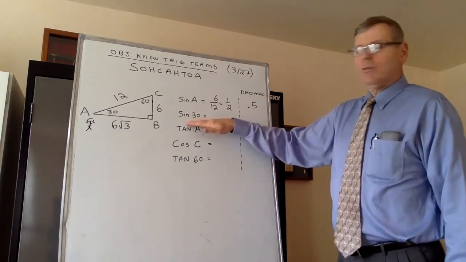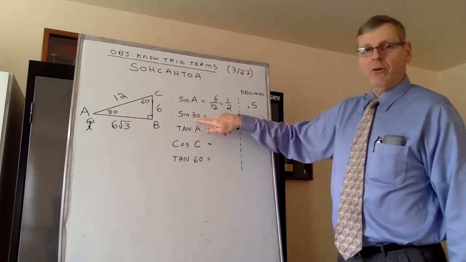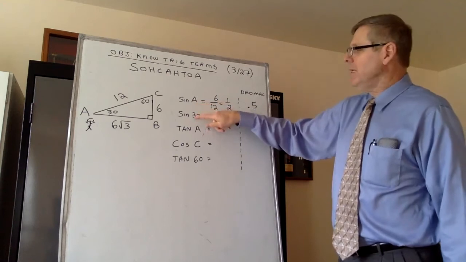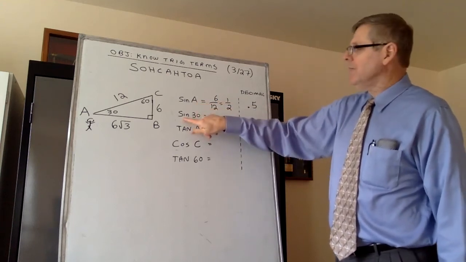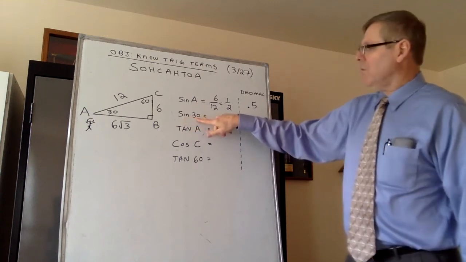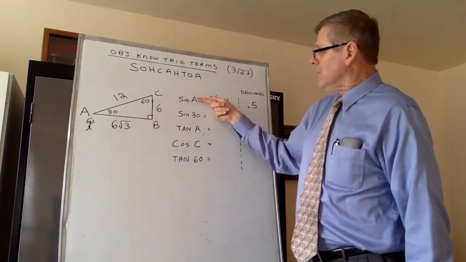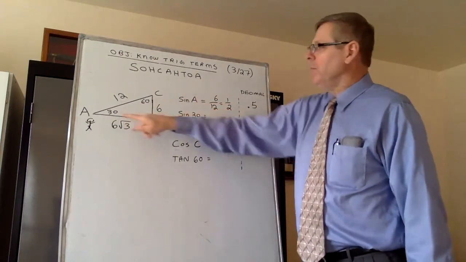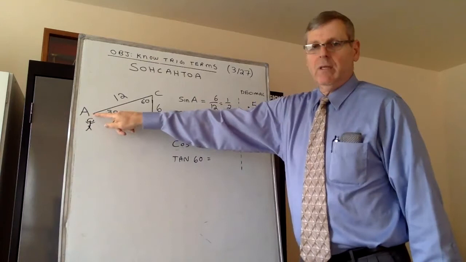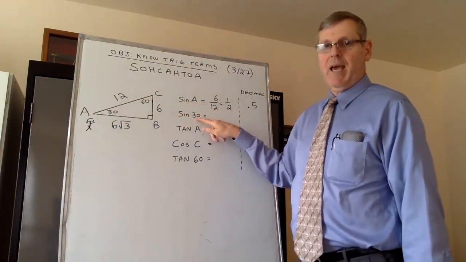You will also see trig ratios written with an angle, 30 degrees, instead of a vertex here. These mean the same thing. This means find the opposite over the hypotenuse of the 30-degree angle. So again, both this term A and this 30 mean you're standing here. Sometimes it'll tell you to stand at a vertex. Sometimes it'll tell you to stand at an angle.